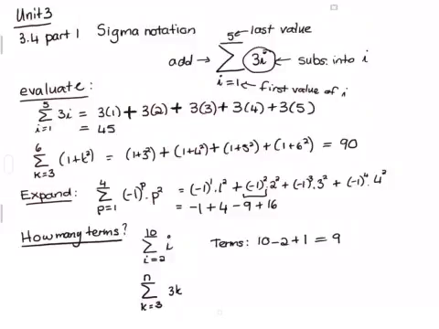You would still use your rule. Top 1 minus bottom 1 plus 1. Always plus 1. That equals n minus 2 terms. Right, that's the first part of our sigma notation.